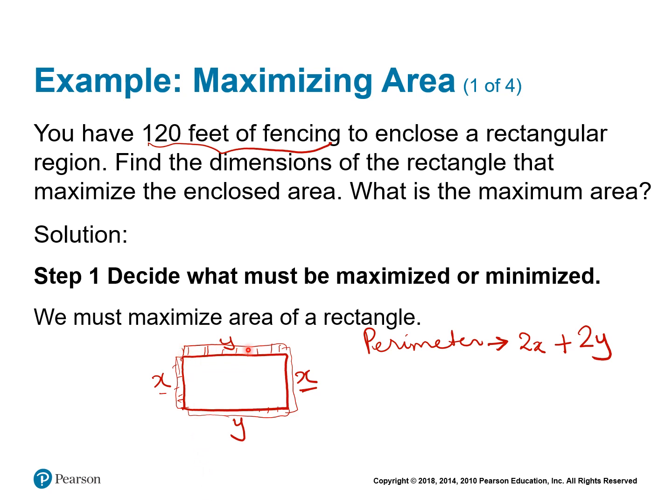That's the perimeter. And then it says find the dimensions of the rectangle. Basically, it wants us to find the values of x and y that maximize the enclosed area.